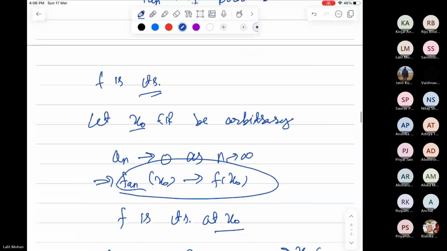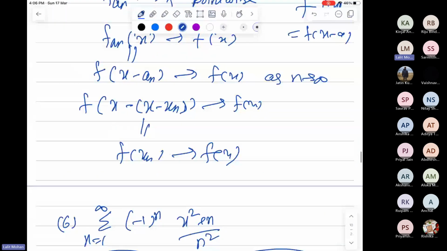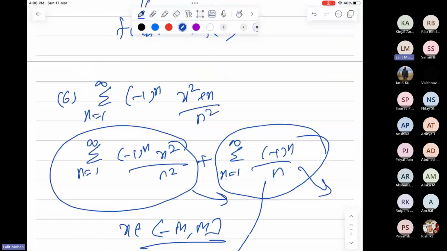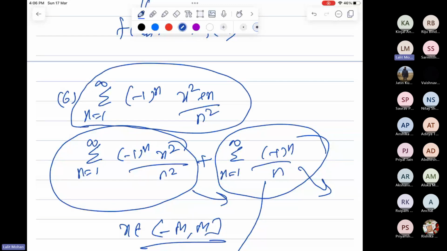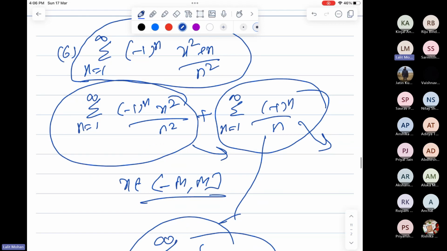So see, we have to show that this series converges uniformly when x belongs to a bounded interval. And this series is divergent when we take the absolute value. So first we will discuss the divergence.